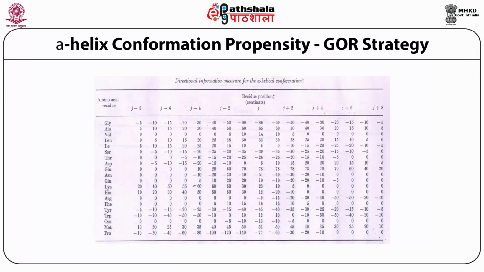Here we can see the table showing the conformation propensity for alpha helix, which has 20 by 17 entries. Note that the predicted conformational state, helix, strand or turn at a position J, is calculated as the sum of position dependent propensities of all the residues in the window of 17 residues around J. The GOR method is well suited for programming and was the standard method for many years.